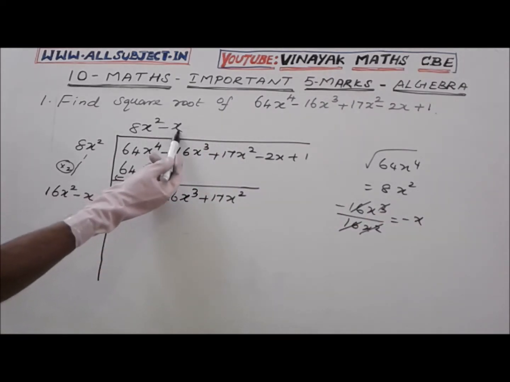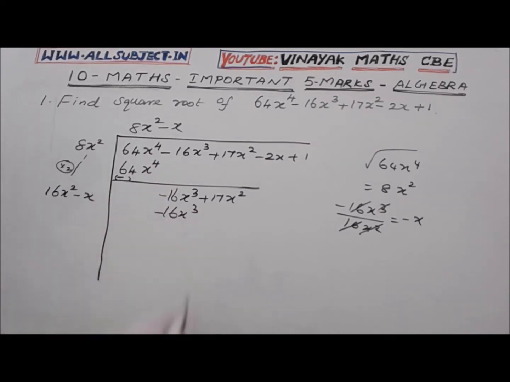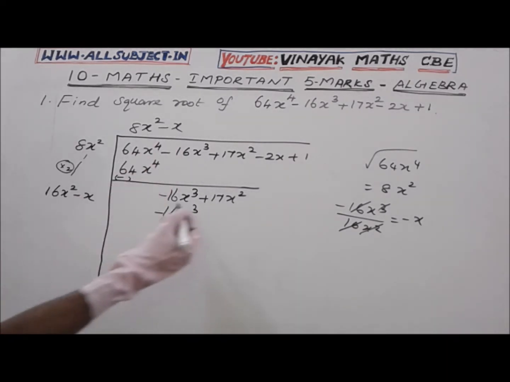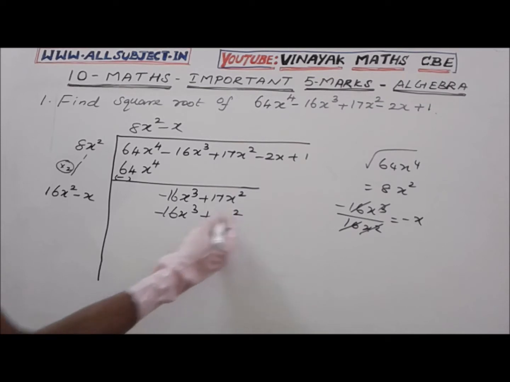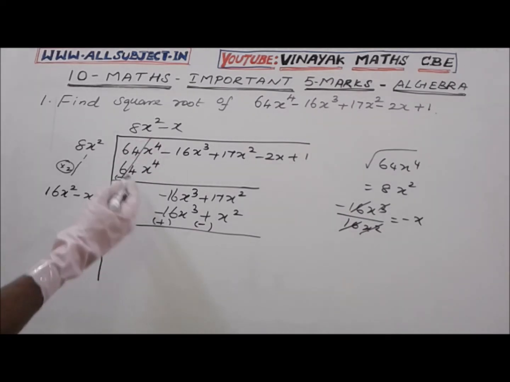Then multiply this minus x by these two terms. Minus x into 16x square is minus 16x cube, and minus x into minus x is equal to plus x square. Now changing its sign, these two get cancelled, and these two get cancelled.